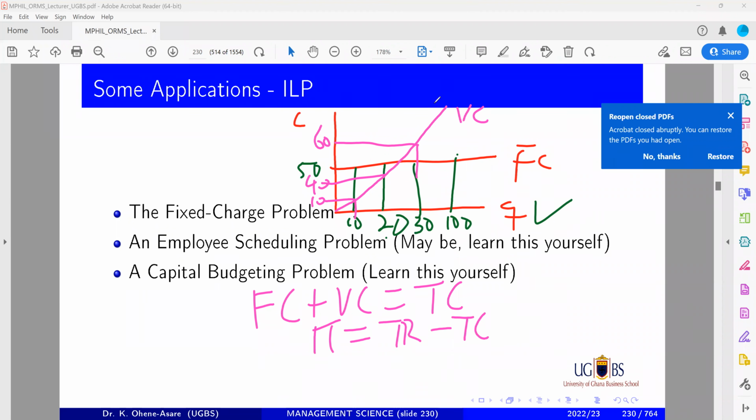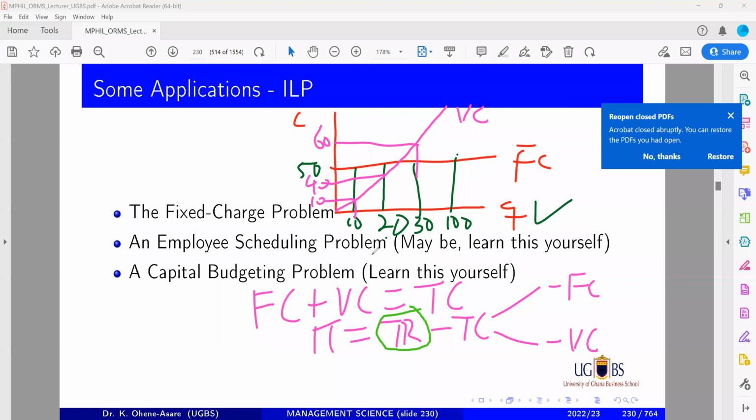But remember that this total cost is made up of two things in it. One is the fixed cost. So you got to take out the fixed cost. And the other is the variable cost. So you have to take out the variable cost. What is total revenue? Let's go back to the total revenue. How do you calculate total revenue?